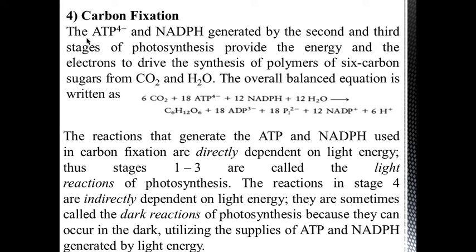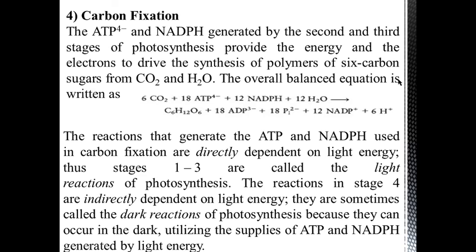And now we are going to study the conversion of CO2 to carbohydrates. The ATP and NADPH generated by the second and third stage of photosynthesis provide the energy and the electrons to drive the synthesis of polymers of 6 carbon sugar from carbon dioxide and water molecules.